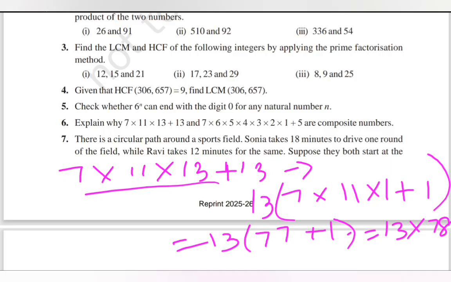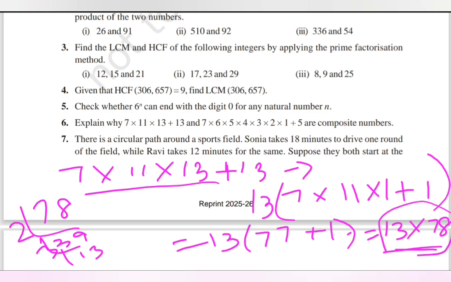For this we have more than two prime factors, since 78 itself has more than two.